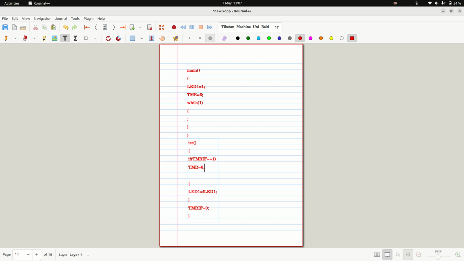But there is a small bug. Initially LED 1 equals to 1, timer loaded value equals to 6. Meanwhile software busy executing while loop. So here what will happen? It happened like this. So it starts counting 6, then 7, then 8.